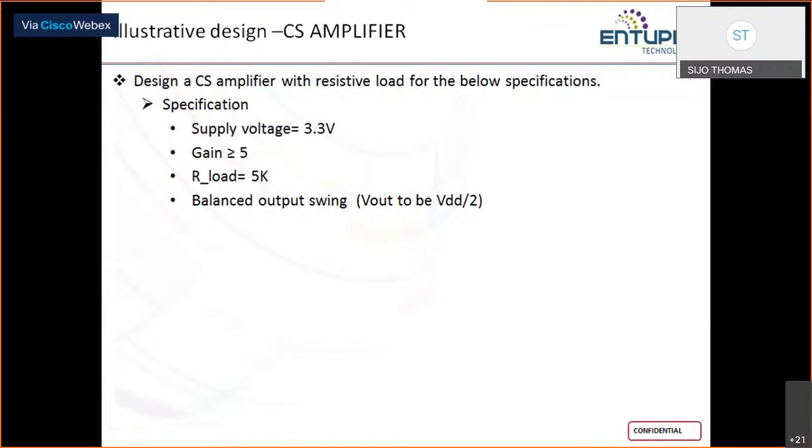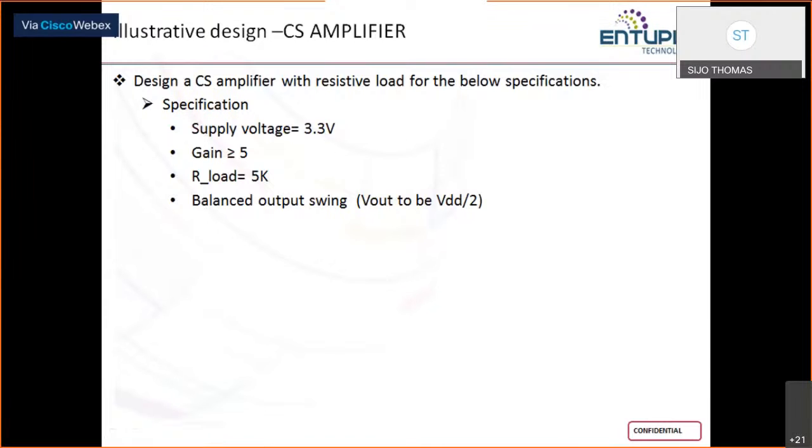We have the specification as given in the slide. We have a supply voltage of 3.3 volts. We are designing this using the GPDK 180 nanometer technology node, and we are looking for a gain magnitude greater than or equal to 5, with a load resistance R load of 5 kilo ohms.